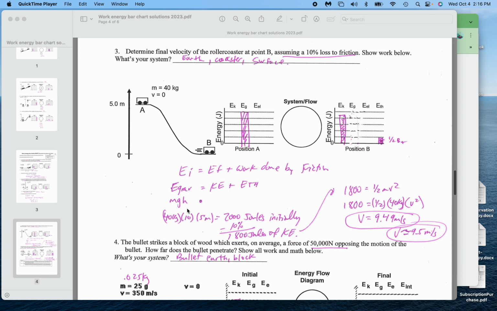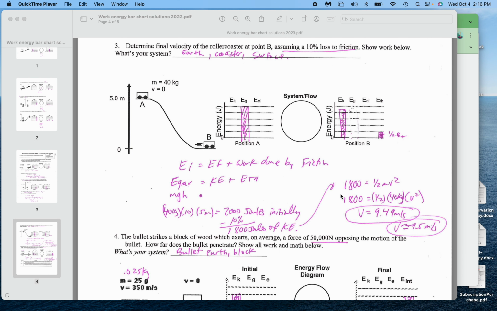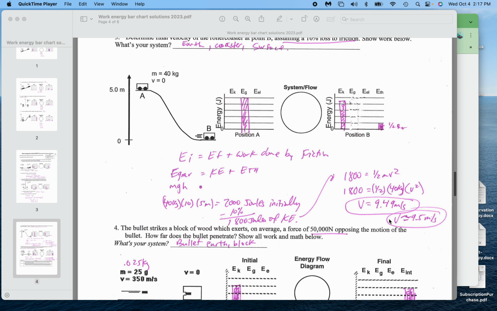I have mgh as my initial energy, and when I multiply those, I get 2,000 joules initially. 10% of that is 200, so I'm left with 1,800 joules. That equals the kinetic energy at the end, so 1,800 is 1/2 mv squared. That comes out to 9.5 meters per second.